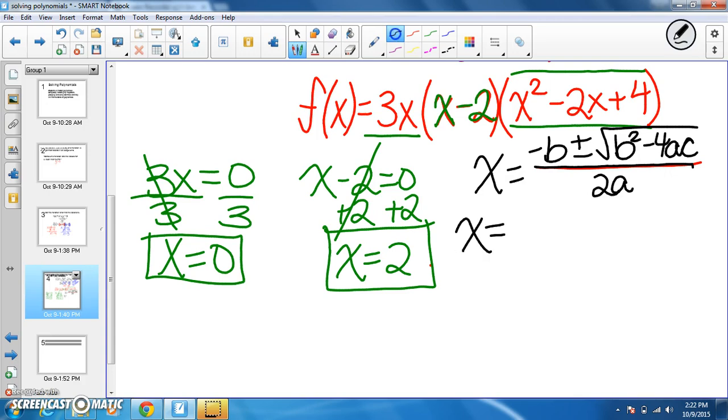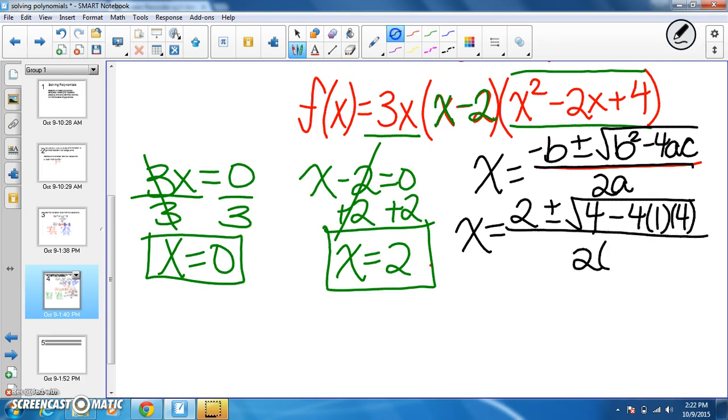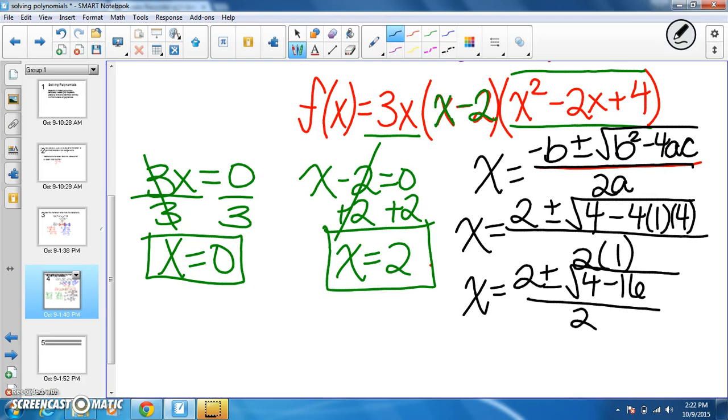So x is equal to, b is 2, so the opposite of 2 is negative 2, plus or minus the square root, b squared, which is 2 squared, is 4, minus 4 times 1 times 4, all over 2 times 1. So x is equal to negative 2 plus or minus the square root, 4 minus 16 over 2.